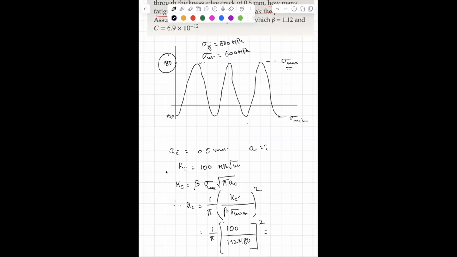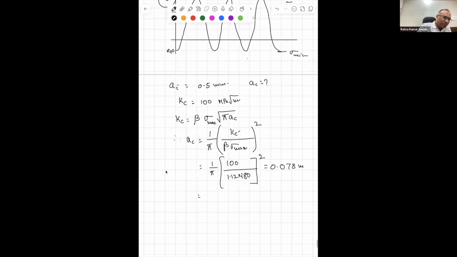I'm getting around 0.078, sir. 0.078 meters. That means how many mm? 78 mm, sir. So critical crack length is 78 mm.